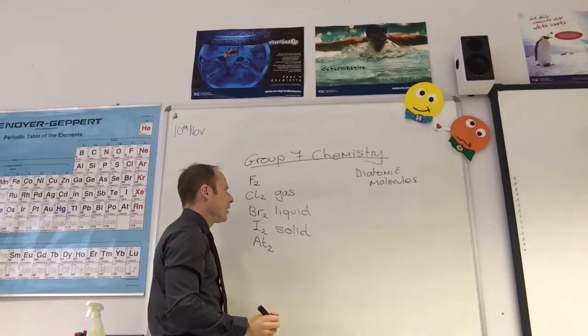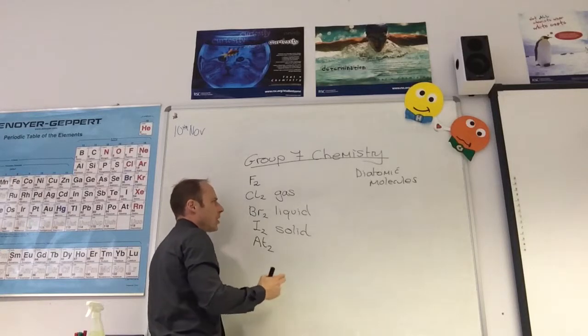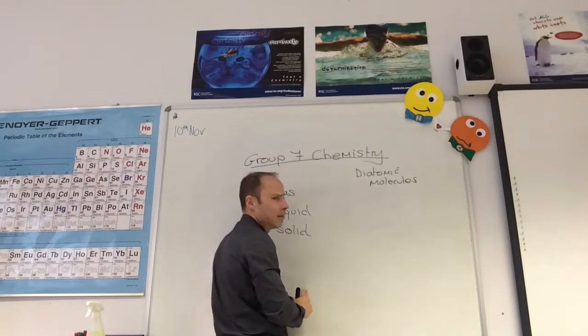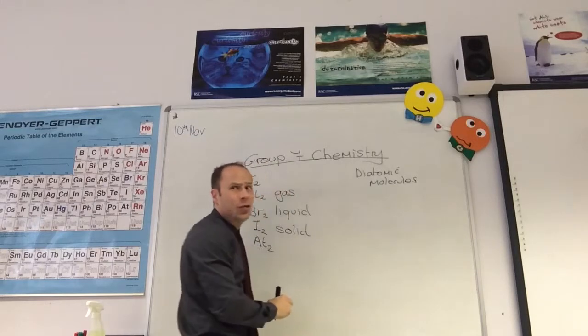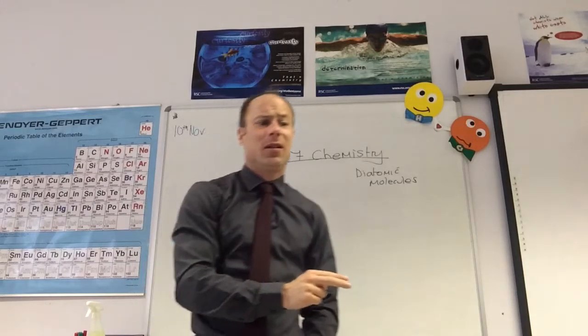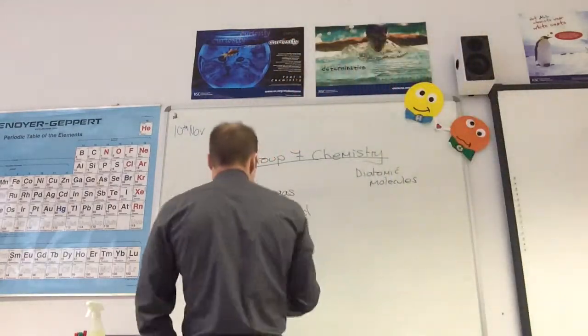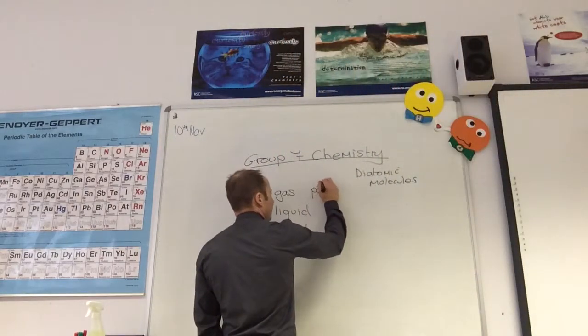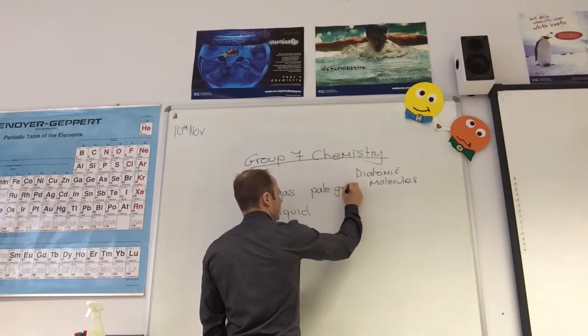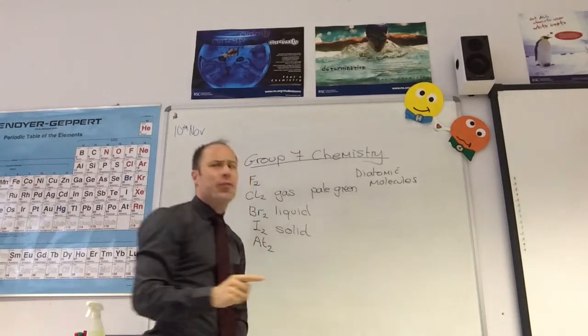What about the colours? What colour is chlorine? Chlorine is not quite yellow, it's a very pale green. What about bromine?